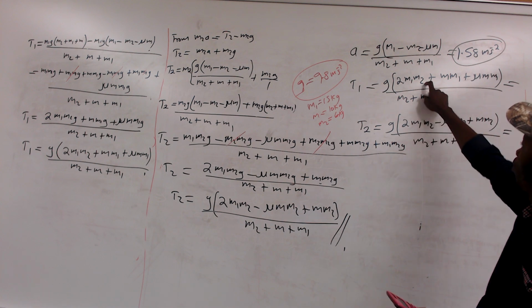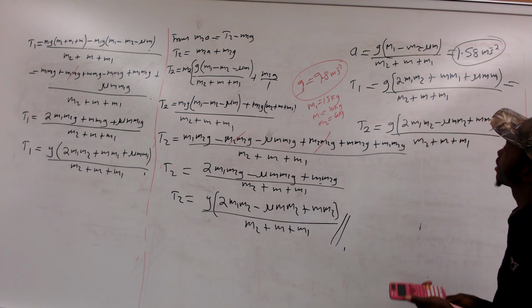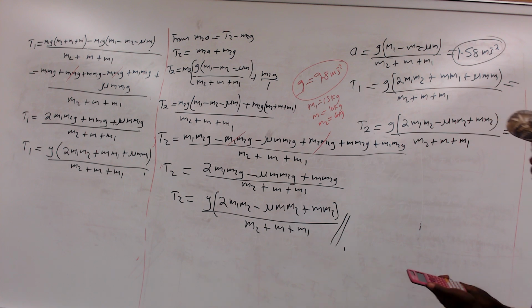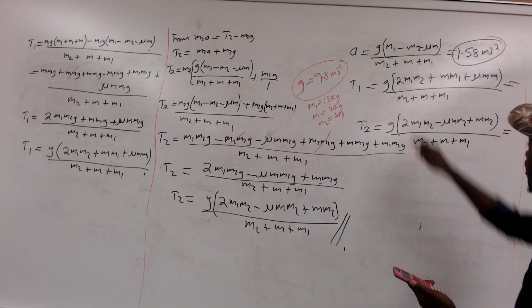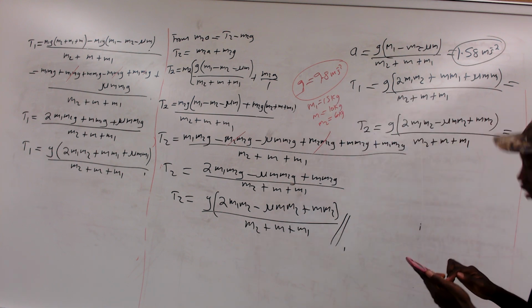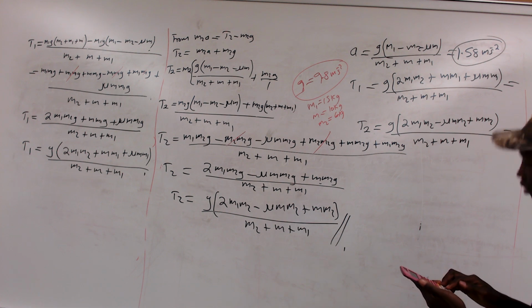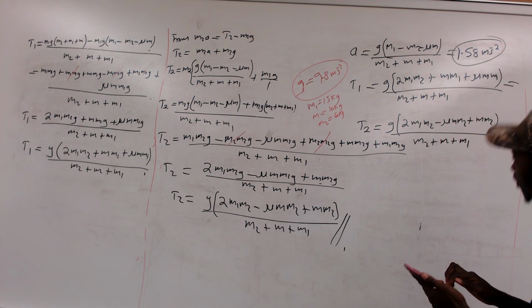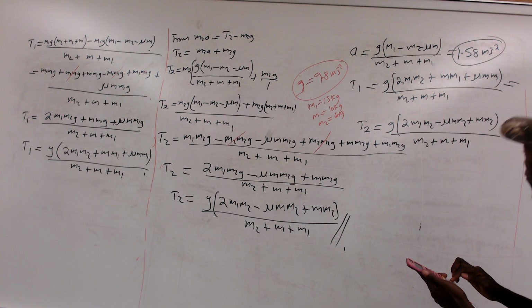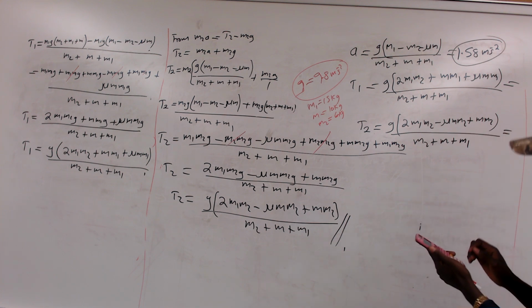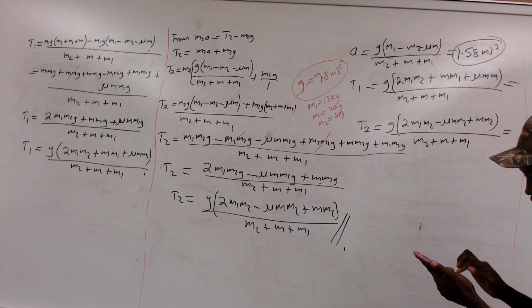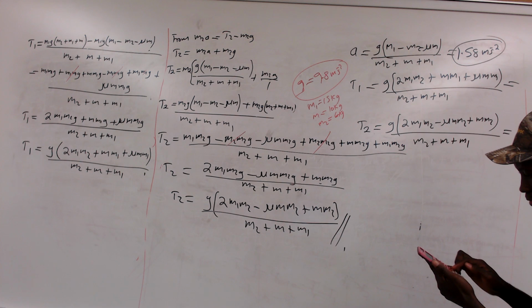So if we go again for the second value, T1, the same thing, G is 9.8, bracket open, 2 times M1, which is 15, multiplied by M2, which is 6, plus M which is 10, times M1 which is 15, plus mu which is 0.4, times M which is 10, times M1 which is 15, bracket close, divided by bracket open, M2 which is 6, plus 10, plus 15, bracket close.